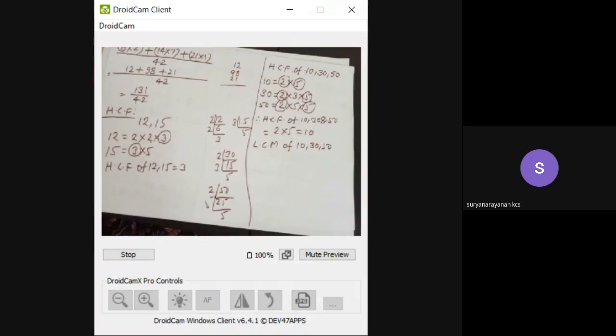See here, Bibina and Sridarshan did that very fast because they are strong in the tables. Because of that, they did the question very fast. Mahima, not yet completed.